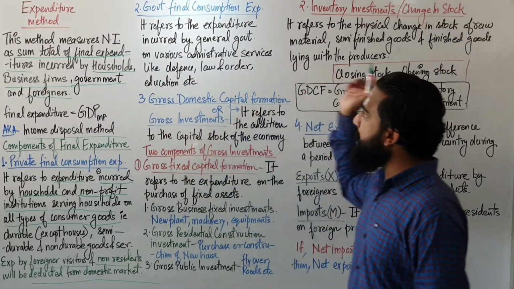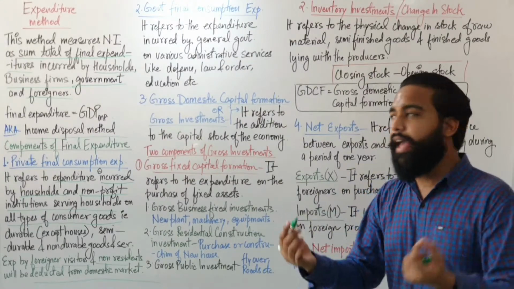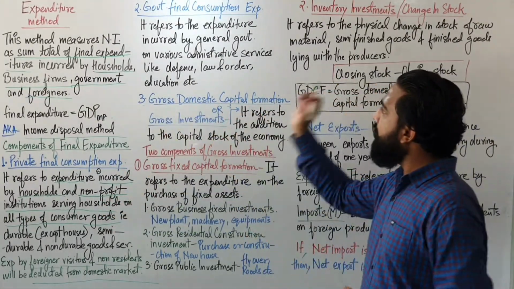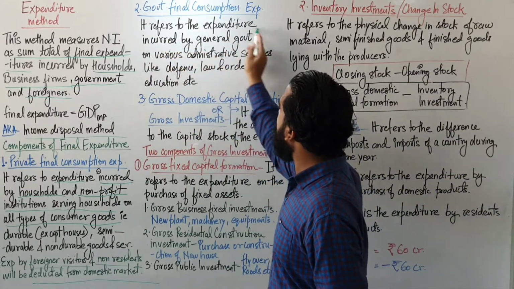Now let's come to the second component, which is government final consumption expenditure. It is very simple. Here it refers to the expenditure incurred by the general government.